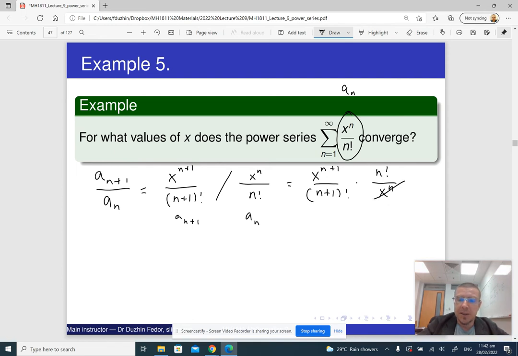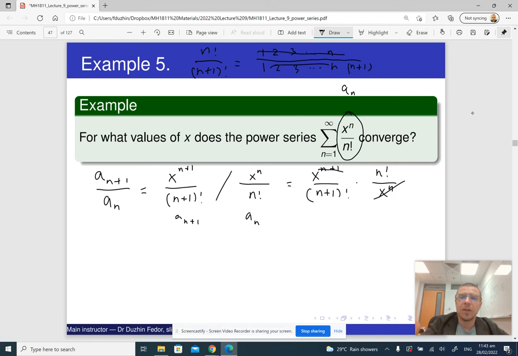Okay, so x to the n is cancelled. So this is just x. And then n factorial divided by n plus 1 factorial. N factorial is the product of numbers from 1 all the way up to n, and n plus 1 factorial is the product of numbers all the way up to n plus 1.